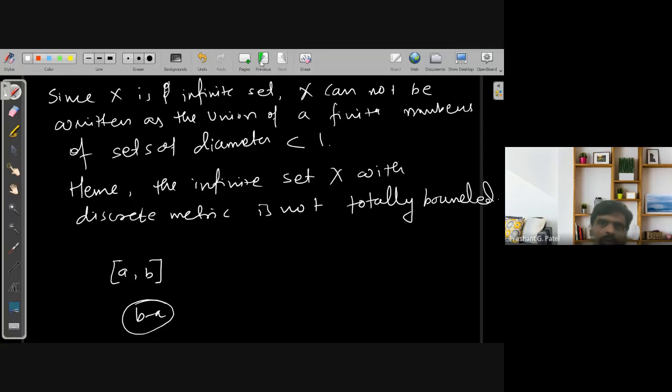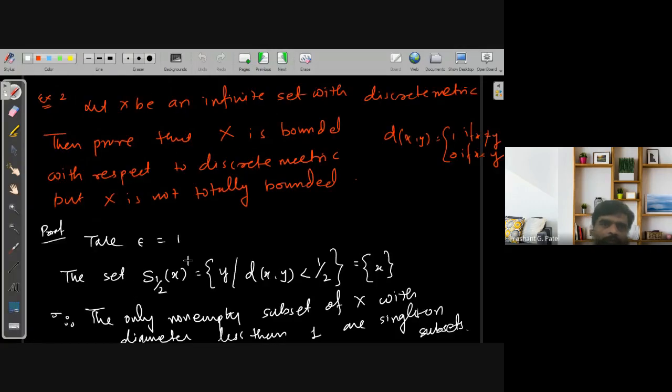Here I should clarify that the statement to prove that X is bounded is not correct, because if I consider R, then R will not be a bounded set with the discrete metric.